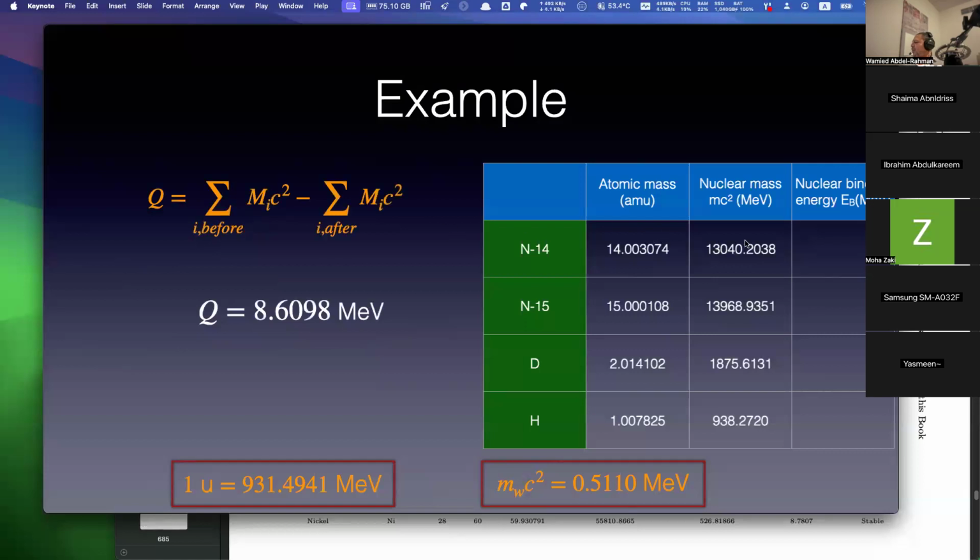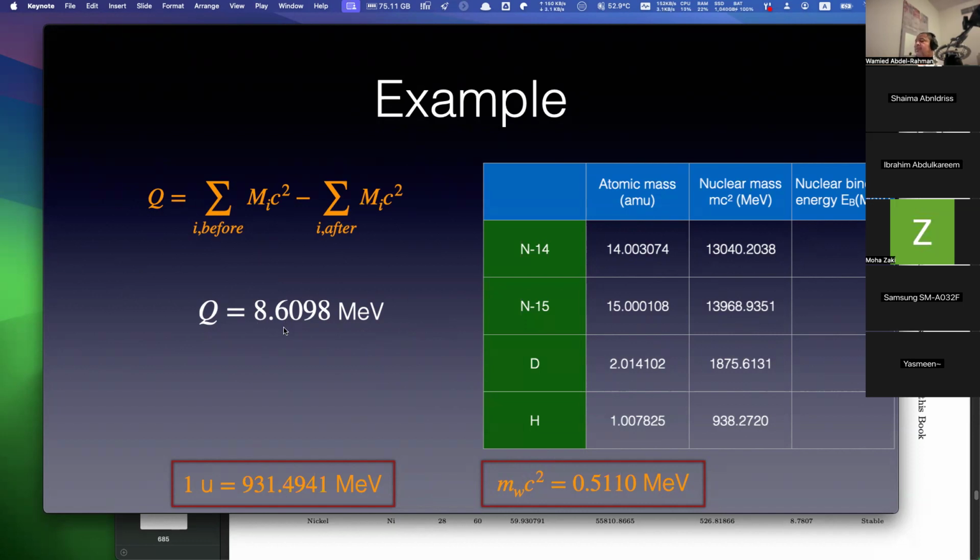So once we have calculated the nuclear masses, all we need to do is apply this equation, where these are the nuclear masses before and after. And what we get is that the Q value is 8.6 MeV.